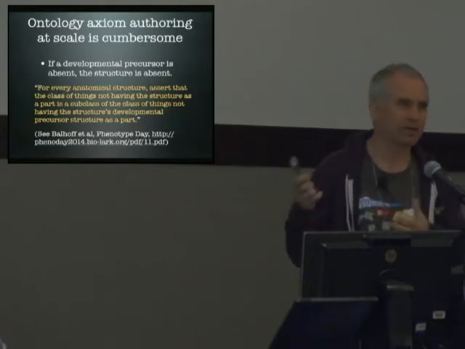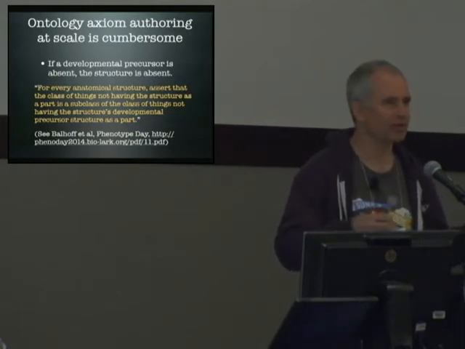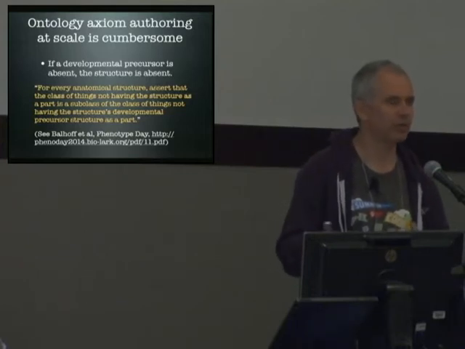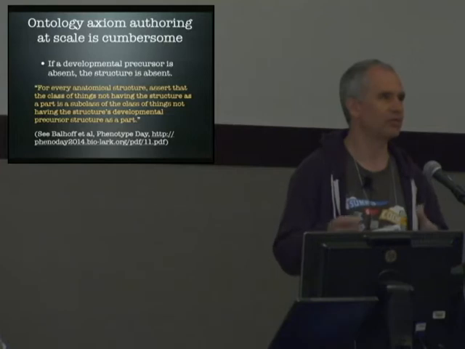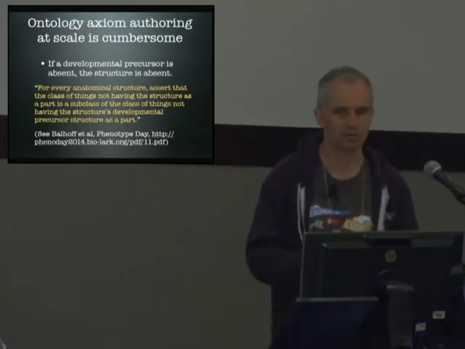And so one thing is, for example, if we know that the anatomy ontology asserts that certain structures developmentally derive from others, and if we've observed that the developmental precursor is absent, we know that the structure has to be absent as well.